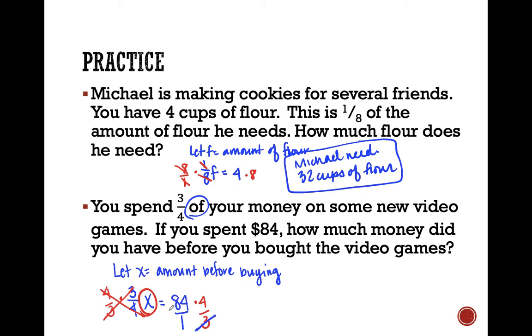So 84 divided by 3 is 28. That's a hard one. You might not have known that one without actually trying it. And then we basically just have 28 times 4, which is 112. So our final answer is you had $112. That's good for that one.